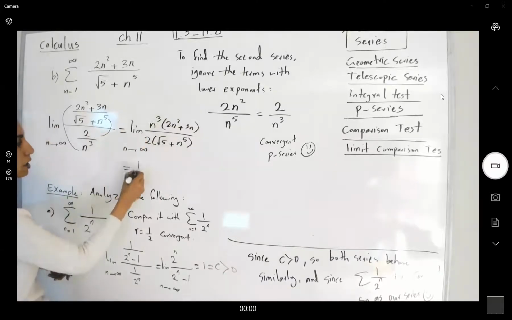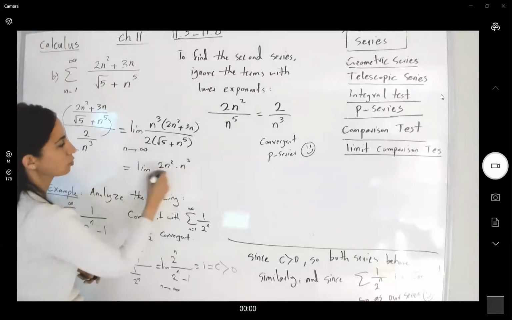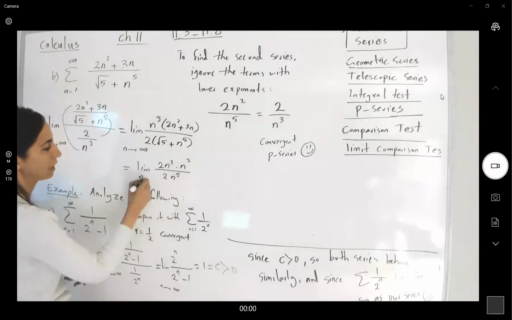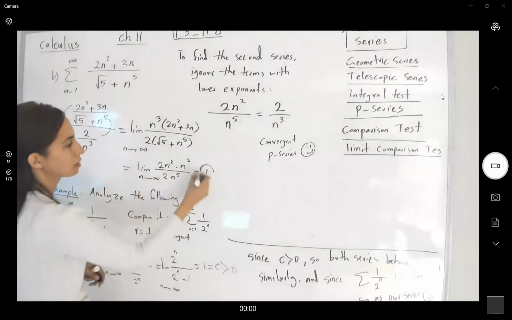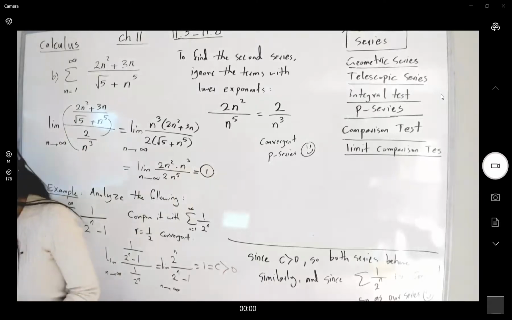So this limit is the same as the limit of 2n squared times n to the 3rd divided by 2 times n to the 5th. As n approaches infinity, this is 1. 1 is equal to c, and c is positive. So they behave similarly.